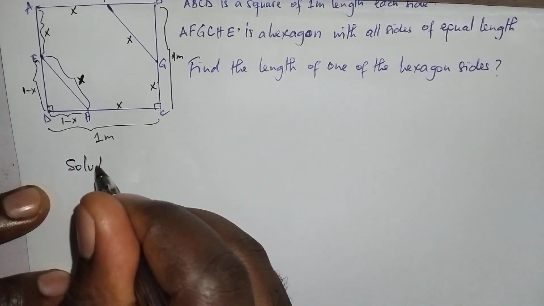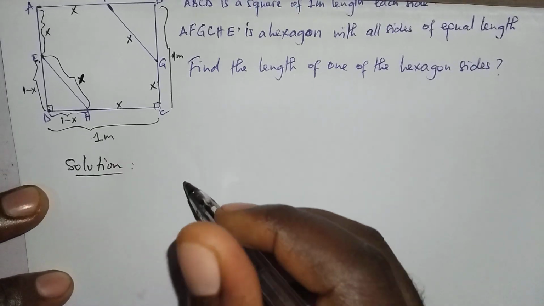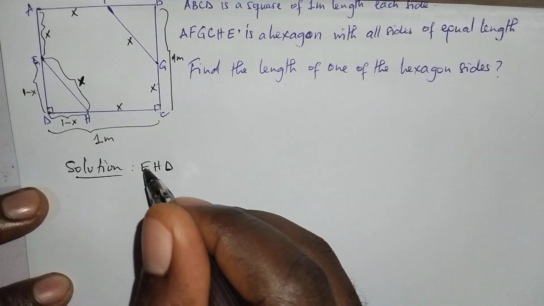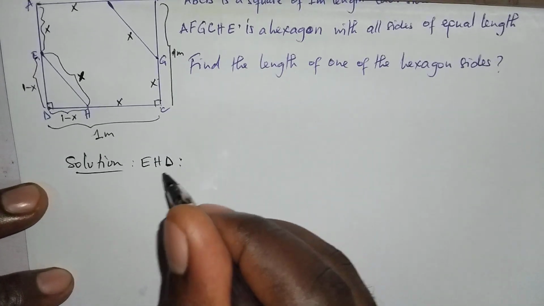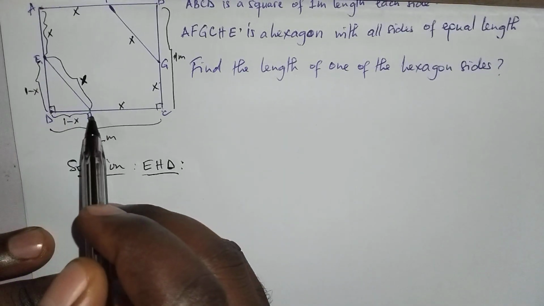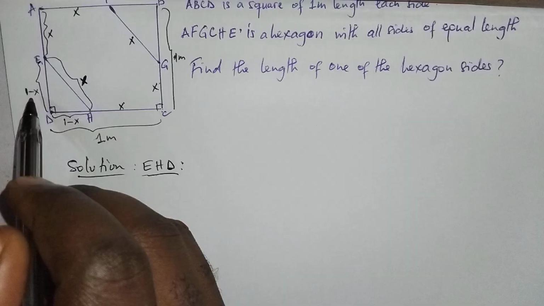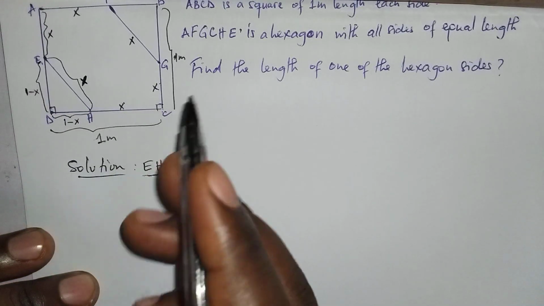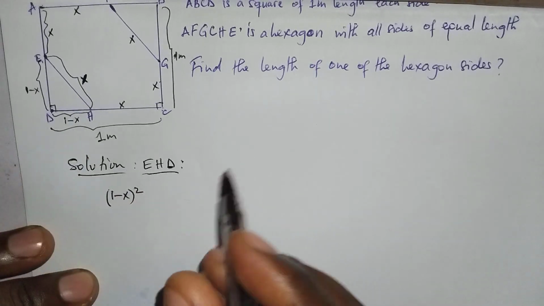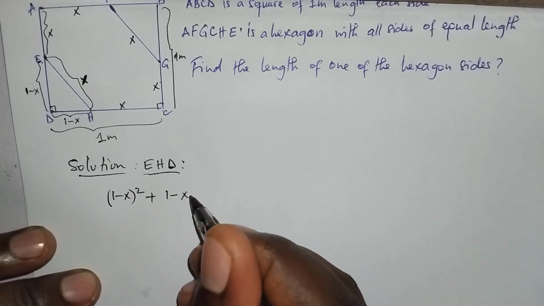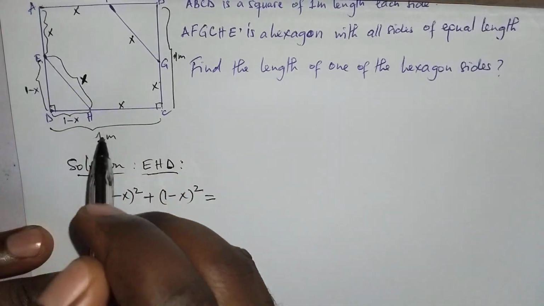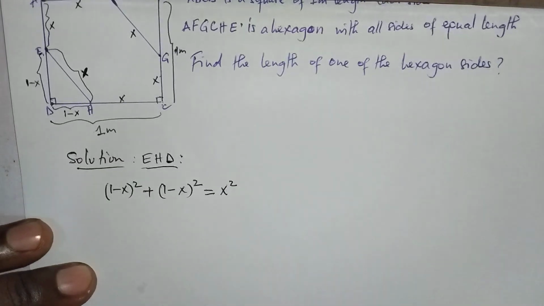Solution: from triangle EHD, one side plus another side, both squared, 1 minus x as one side plus 1 minus x as another side is equal to the hypotenuse, which is x squared.